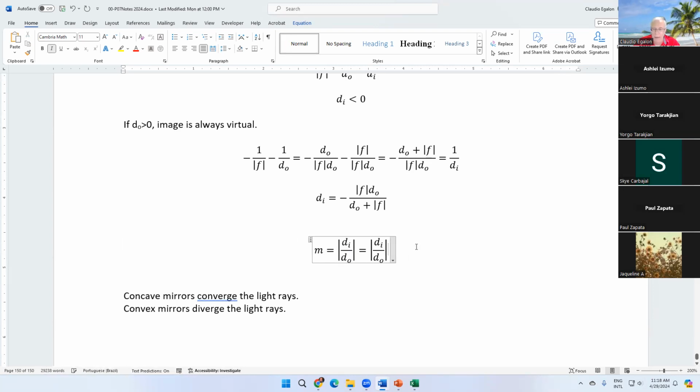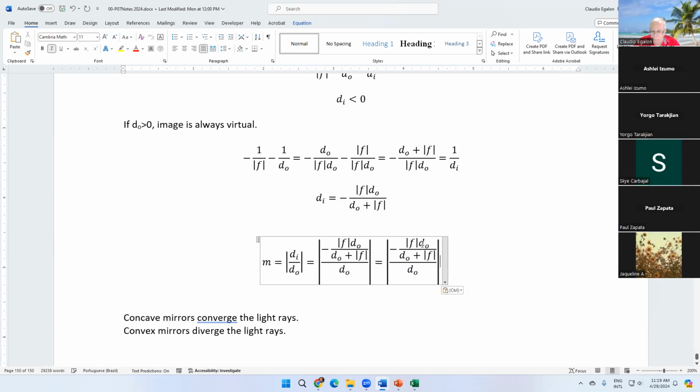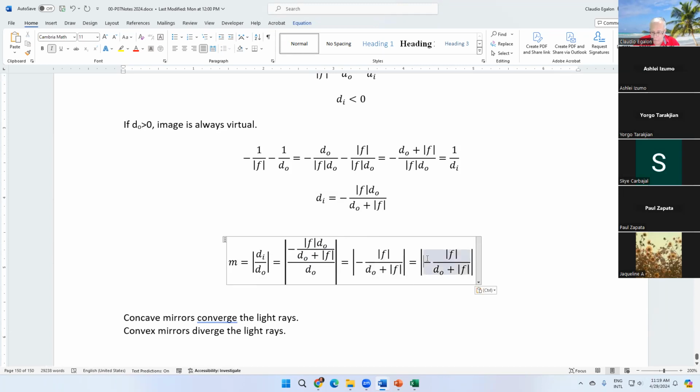That's my di. The d naught that we have upstairs cancels out this d naught. And this negative sign disappeared because we're taking the magnitude.